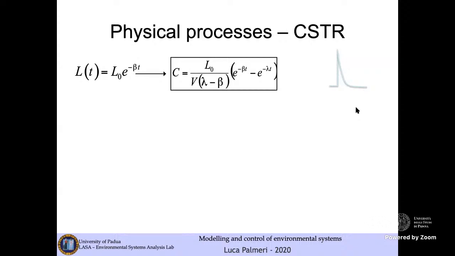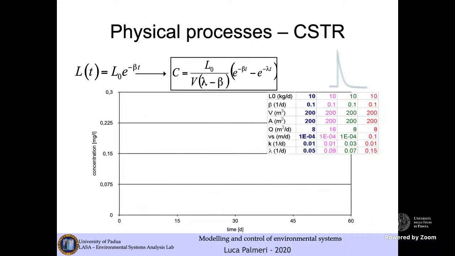In this case, when the discharge starts, you have a peak in concentration due to the washout of the tubes, or washout of the system, or washout of the depurator, purification plant, or washout of the sewage systems. And then, as water continues to arrive, you have an exponential decrease in concentration.